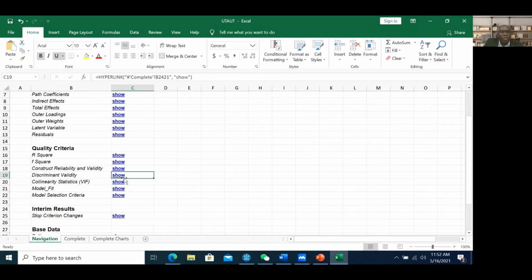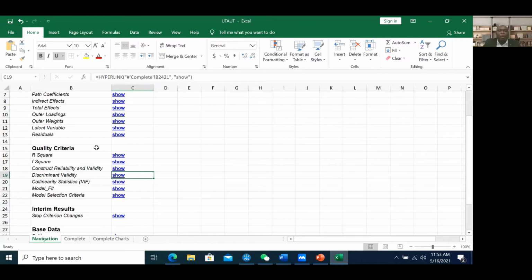For discriminant validity, we said you can use the Fornell and Larcker criterion, where the square roots of the AVEs are higher than the adjacent relationships with other loadings. For cross-loadings, the indicators have to be higher than the adjacent relationships with other loadings. Then for HTMT, it has to be different from 1, that is, less than 0.9.